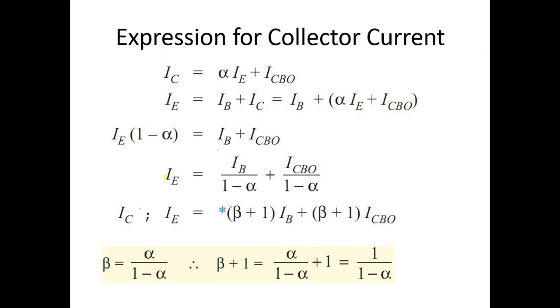After calculation, we have IE is equal to (beta plus 1) times IB plus (beta plus 1) times ICBO. Finally, beta is equal to alpha by 1 minus alpha, and beta plus 1 is equal to 1 by 1 minus alpha.